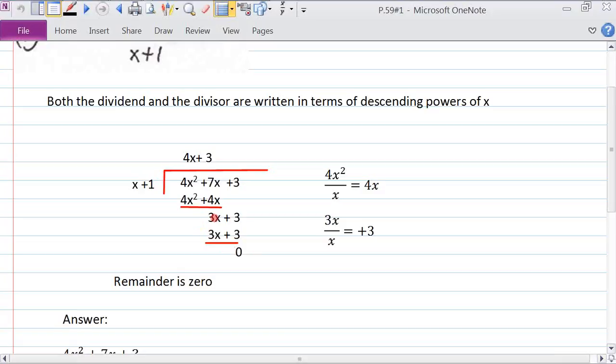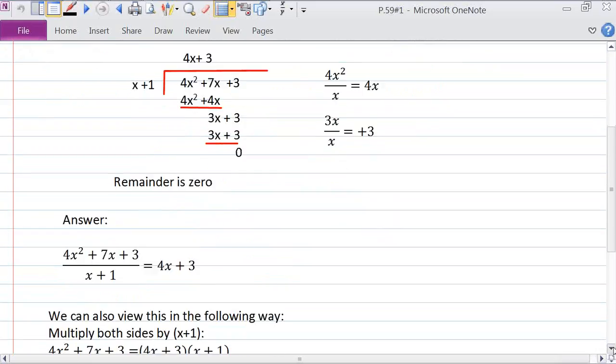Now I subtract this 3x from it, gives me 0. 3 minus 3 here gives me 0, so the remainder is 0. So when the divisor is x plus 1, and the dividend is 4x squared plus 7x plus 3, the quotient is 4x plus 3, and the remainder is 0.